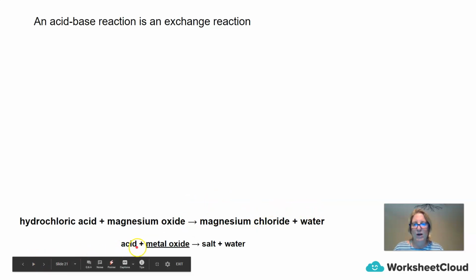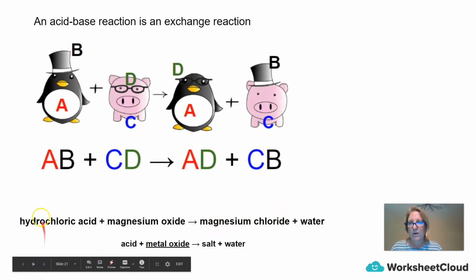The generalized equation is an acid plus a metal oxide reacts to give us salt and water. Because of the acid used and because of the metal oxide used, the salt that is produced in this reaction is magnesium chloride.